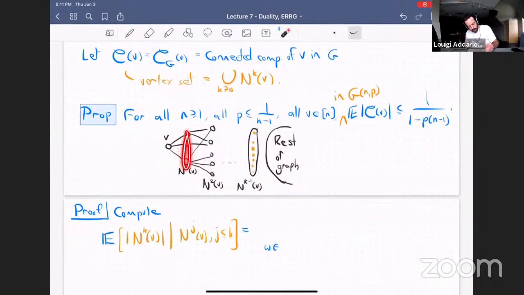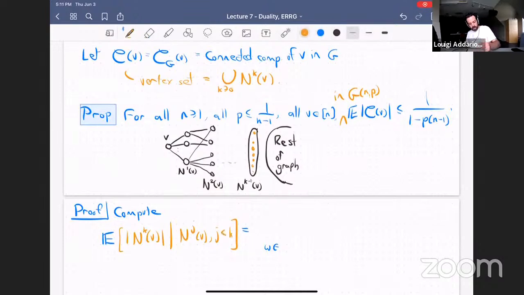If each of the vertices which is a neighbor of V counts its number of neighbors in the second neighborhood, then I'll get an overestimate of the size of the second neighborhood, right? Because this vertex would count 2, this one would count 1, this one would count 4, but this vertex has been counted twice by both of these vertices, and this one has been counted twice by both of these vertices. So if I sum up the number of neighbors of each vertex in the rest of the graph, I get an overestimate on the total size of the kth neighborhood. So that means this is a strict inequality here.